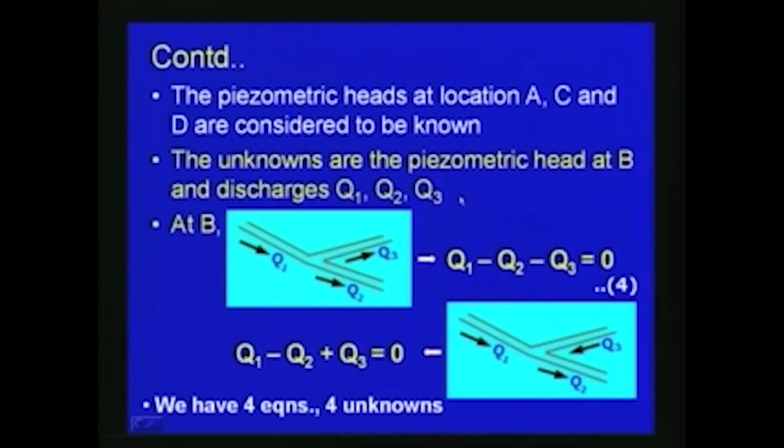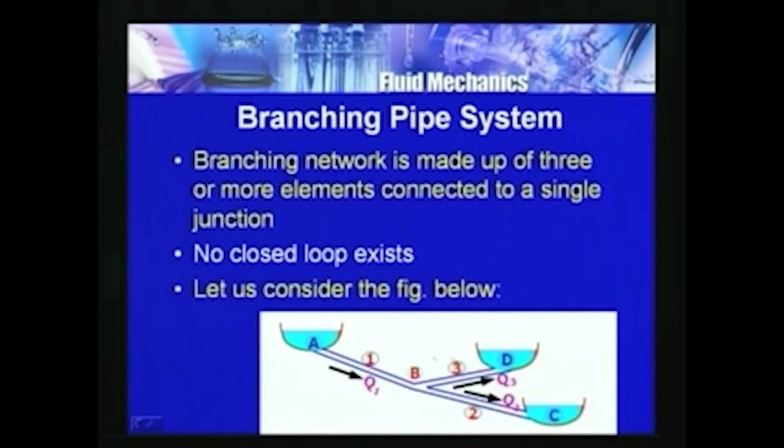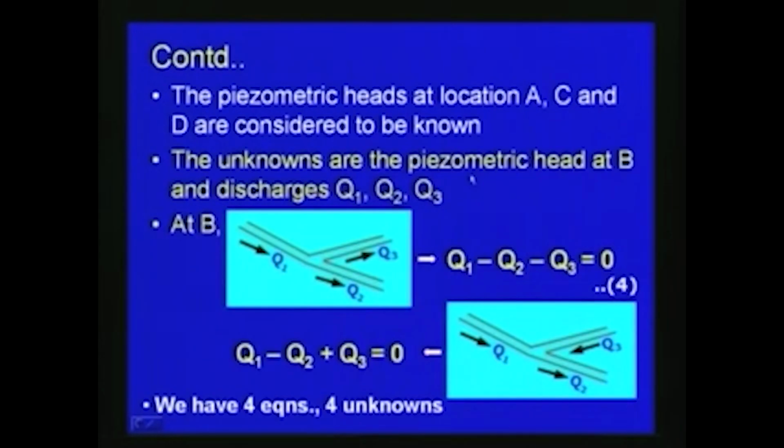Then the unknowns are the piezometric head at B and the discharges Q1, Q2 and Q3. So, considering this typical problem, the piezometric head is known at A, D and C, but the discharges Q1, Q2, Q3 are not known, and also the head at B. So, there are 4 unknowns.